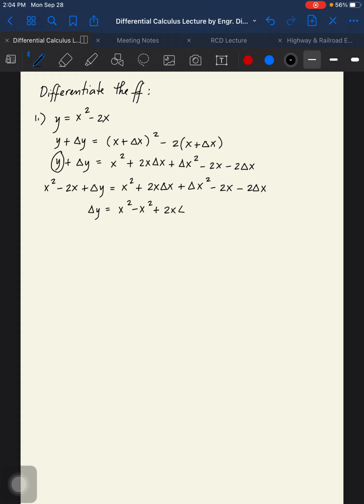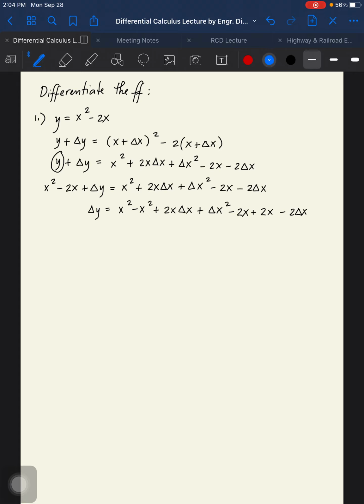Next, we have 2x delta x plus delta x squared minus 2x plus 2x minus 2 delta x. Now we need to check if all of the needed terms are here.